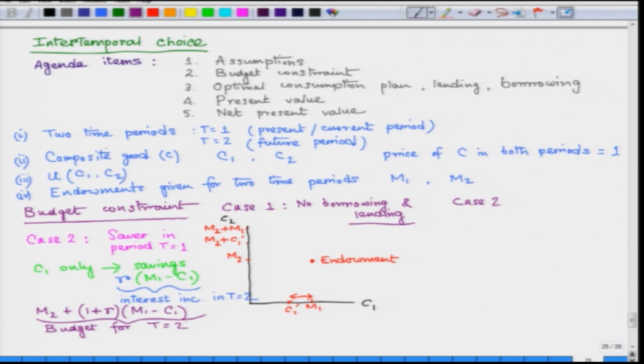We can write down the budget constraint as C2, that is the consumption in period 2, equals this much income M2 plus (1 plus R) times (M1 minus C1). So, that is going to be the budget constraint in this case.